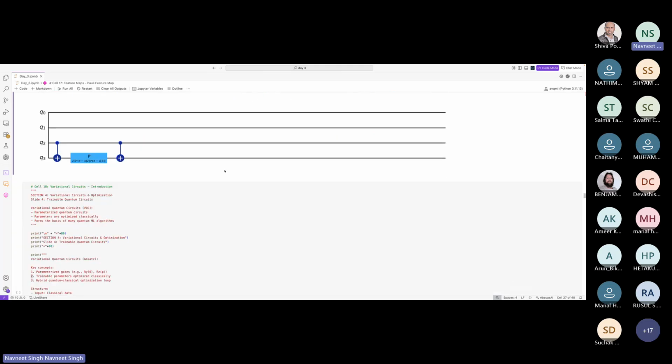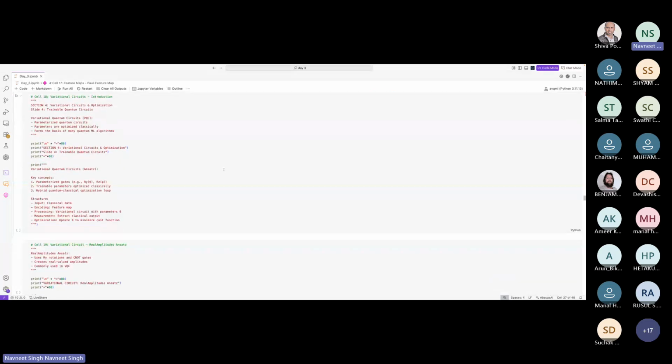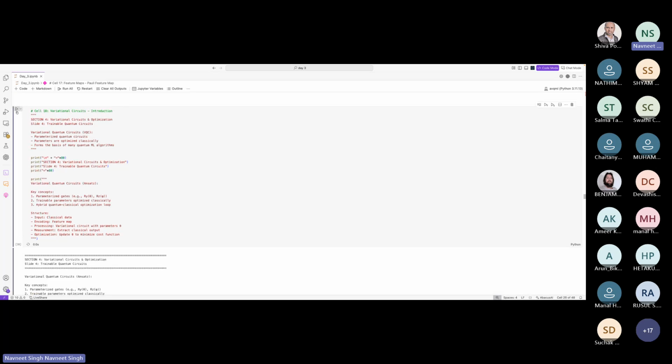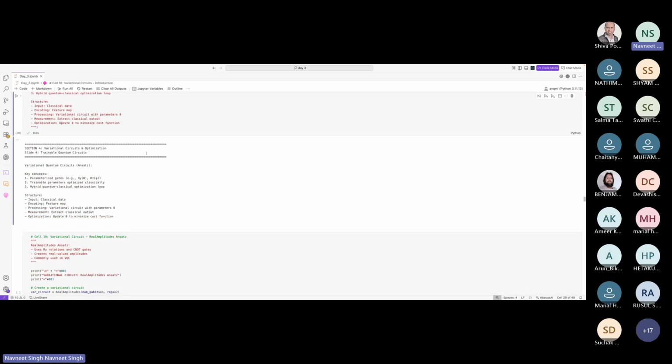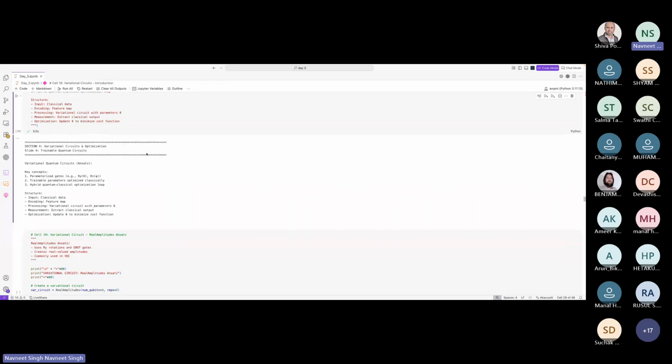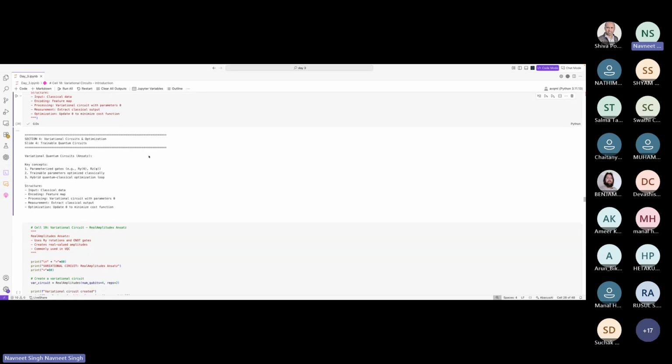Now we will go to the actual circuits, or I can say the model, toward model building. We will use the parameterized gates and the trainable parameters, which are optimized classically.